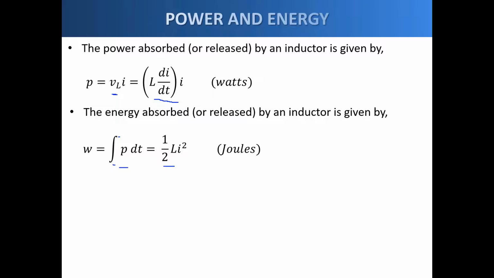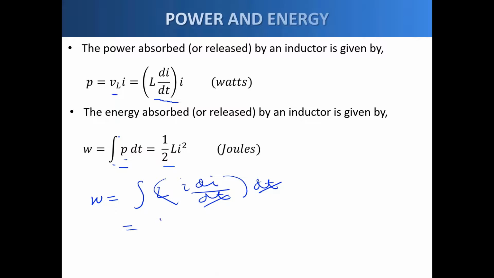So how was this derived? We know energy is P times dt, but we know P to be L i di/dt times dt. So dt will get cancelled.